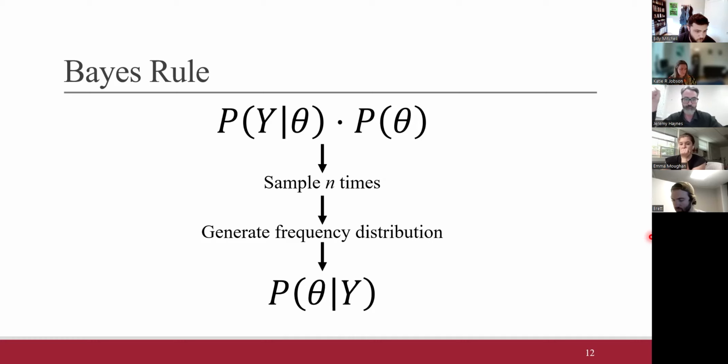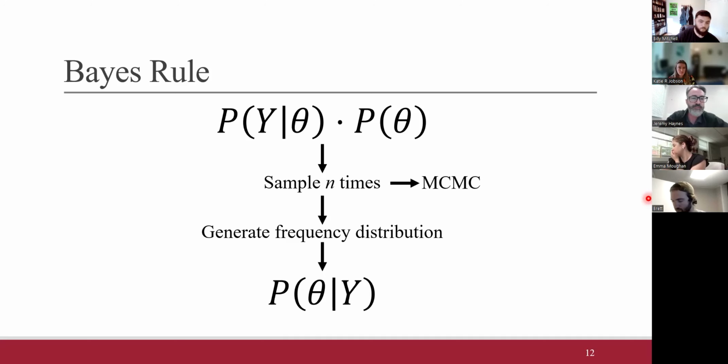That's how we get from the joint to the posterior. Now, we just need to figure out how we're going to sample. And this is where MCMC comes into play. This is what has really unlocked a world of Bayesian modeling for us, being able to sample using MCMC.